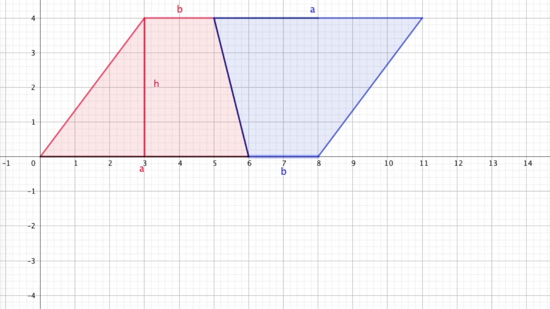So the next thing we do is we slide this triangle here along to the other end. So we keep the area of the whole object the same, we slide that along.